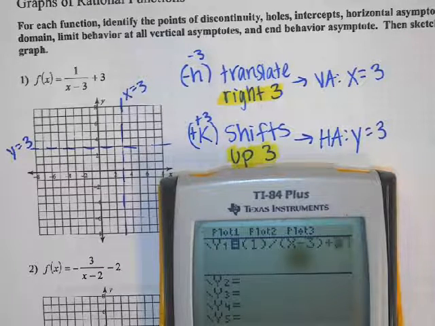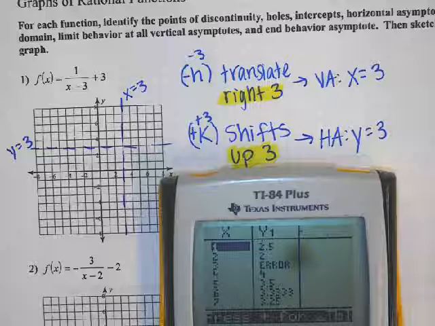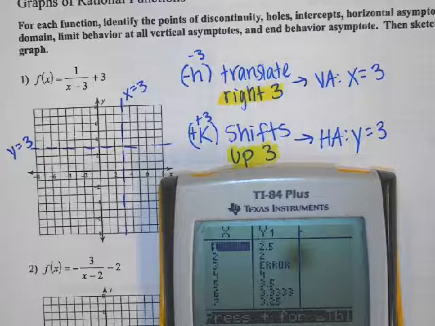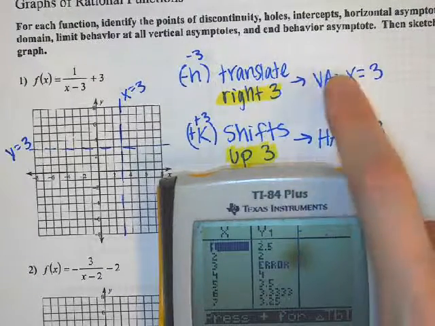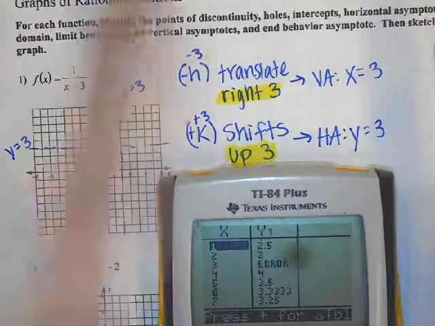Plus 3. Okay, so when I go to the table, do I just start with wherever I want? Is it always going to be just the first error I see? Which specific error do we look for? The one that corresponds to your vertical asymptote, because we want to graph both sides of that asymptote.